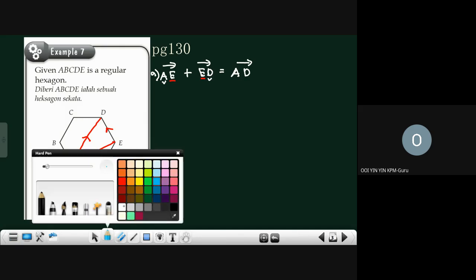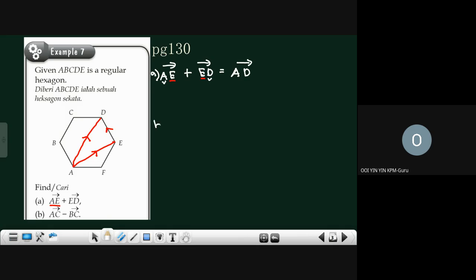Okay, come, then the second one, B: AC minus BC. So far, the law we used just now was all plus, plus, plus. Have you not seen negative until now?